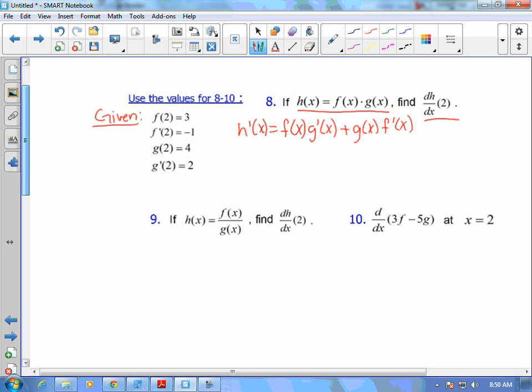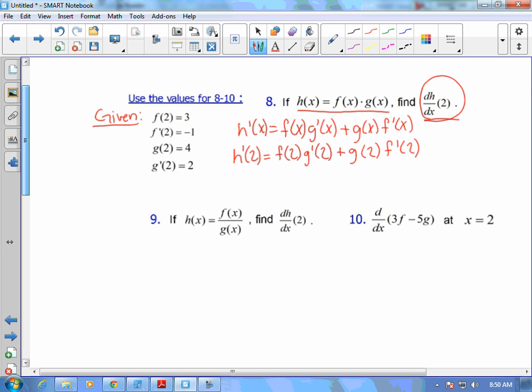Now we have values. We want to evaluate when x is 2. h prime of 2 equals f of 2 times g prime of 2 plus g of 2 times f prime of 2. And it just so happens we actually know all those values.